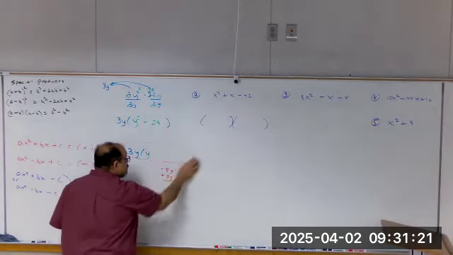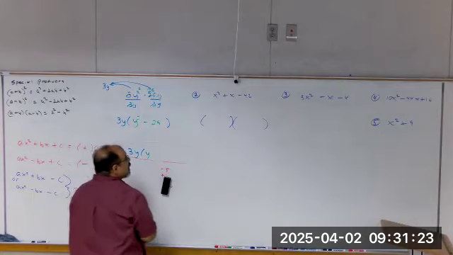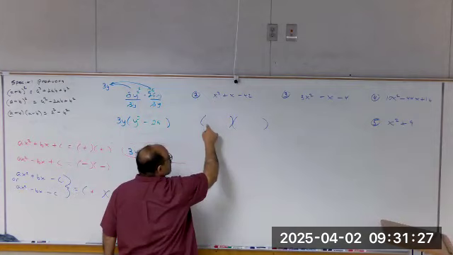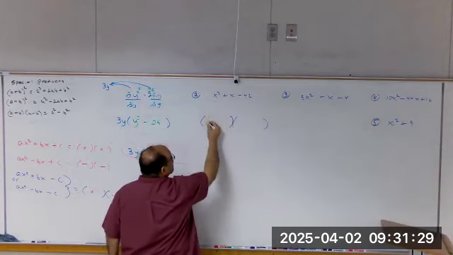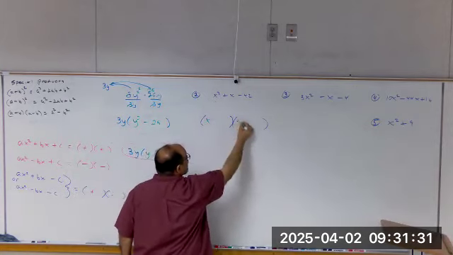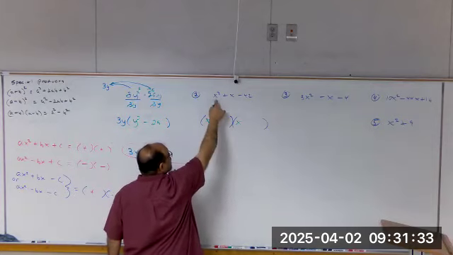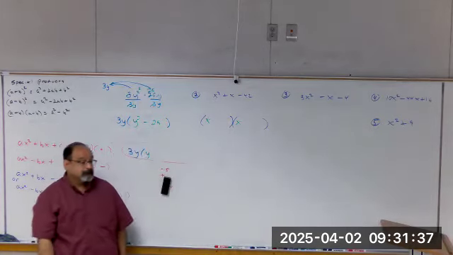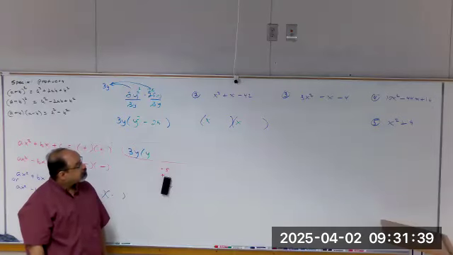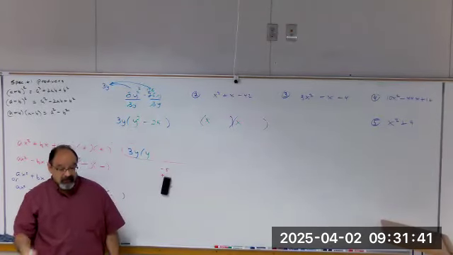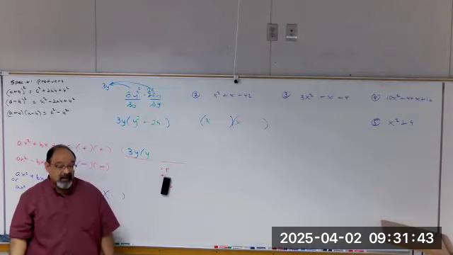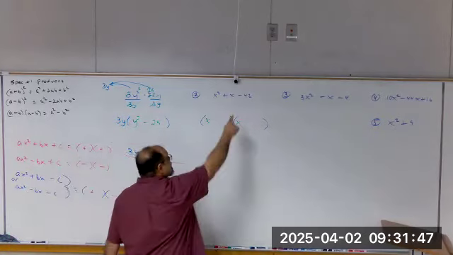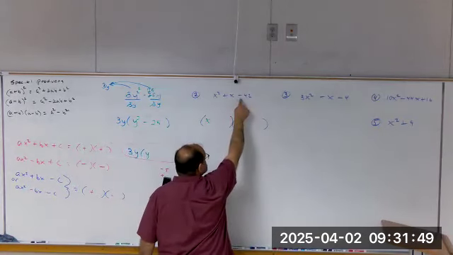And then we focus on first times first makes x squared. The only way to make it x squared would be x times an x. It has to be x times x to make x squared. So I know I got that right. Then the signs. First times first, and then the signs. I'm not going to worry about anybody else, just the sign. The last sign is negative.